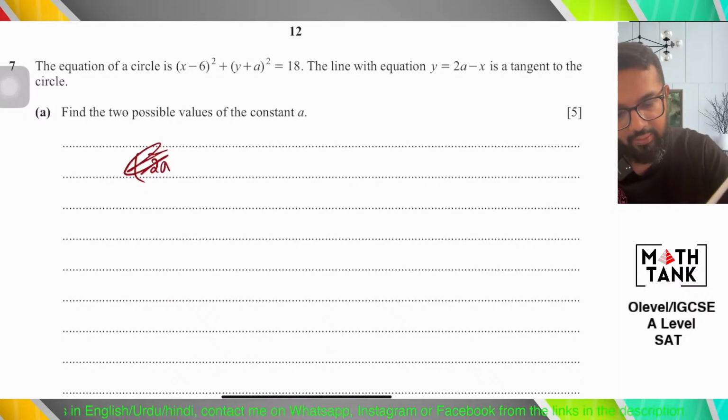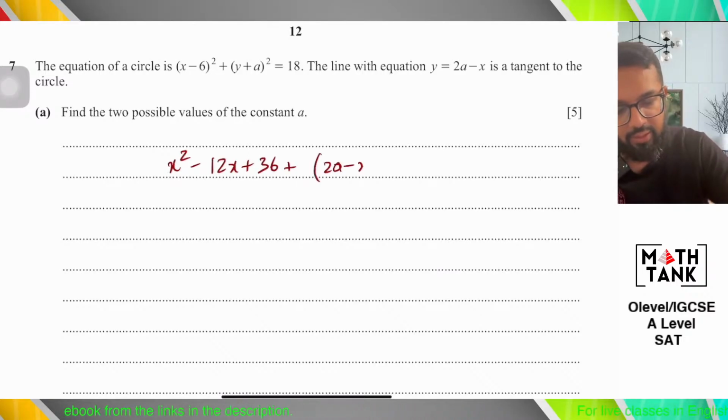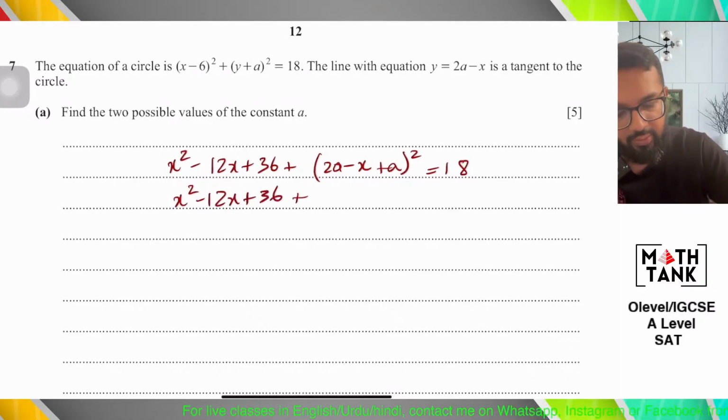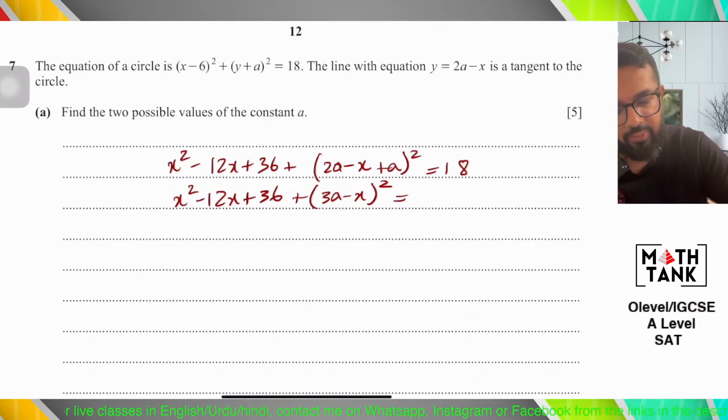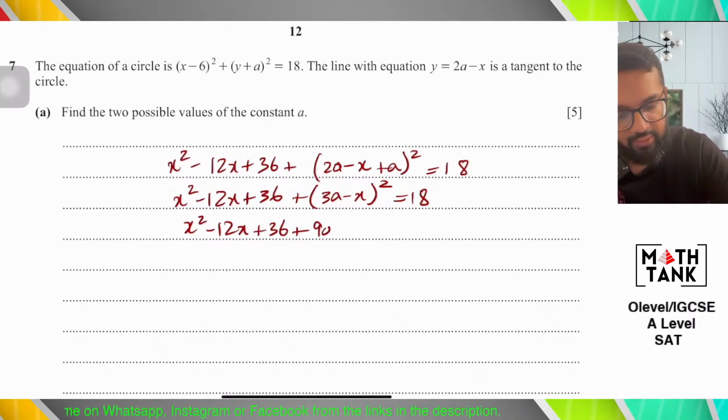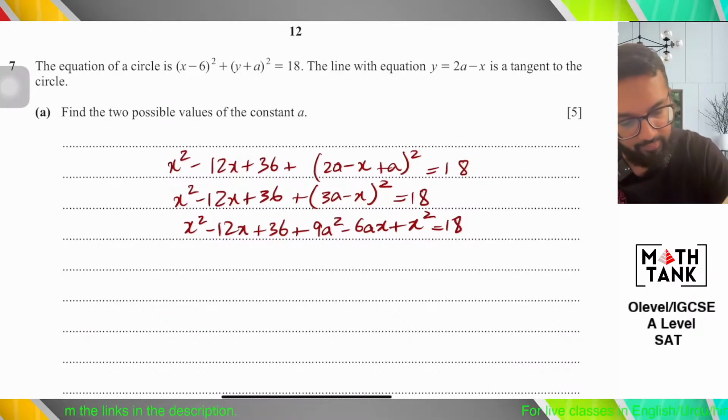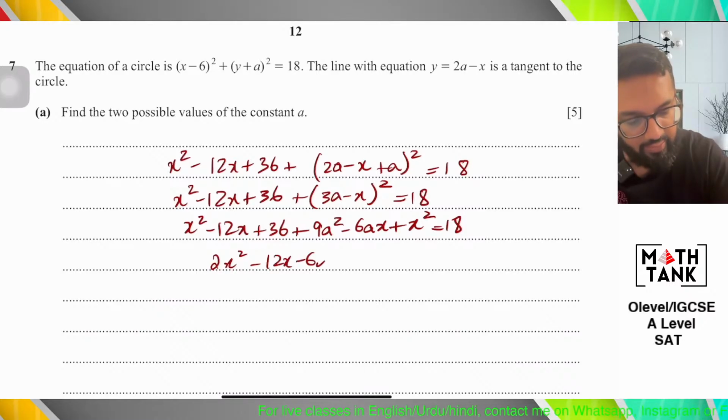2A minus, square minus 12x plus 36 plus 2A minus square, 18 x square minus plus 6 plus 3A minus whole square equals to 8 x square minus 12x plus 36 square minus ax plus x, 2x square, 12x plus 36.